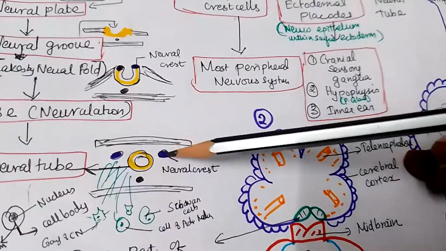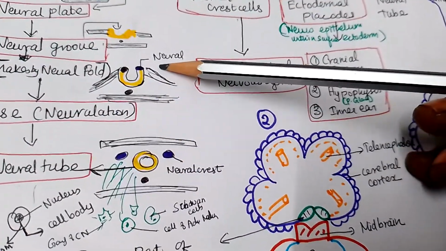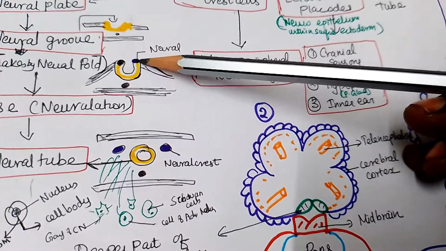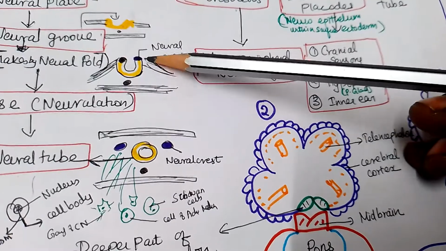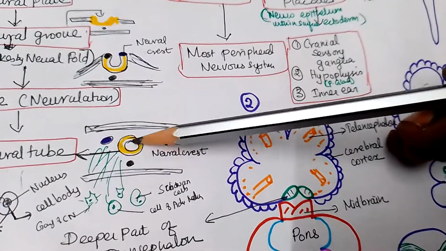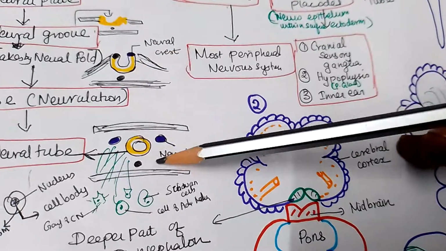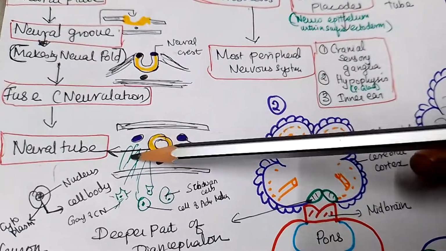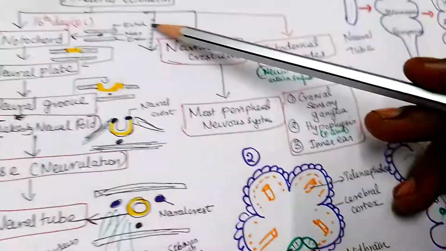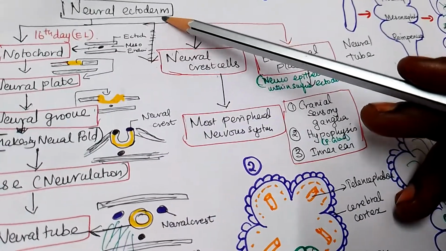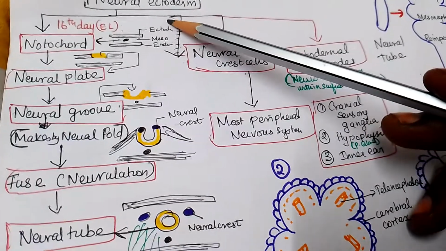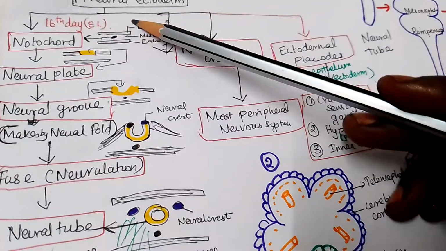In the neural tube region, small cells are present. This is called the neural crest. This is the neural ectoderm, like the ectoderm on the 16th day of embryonic life.